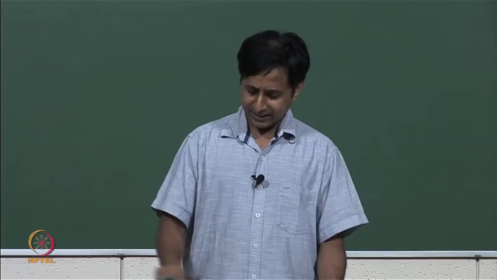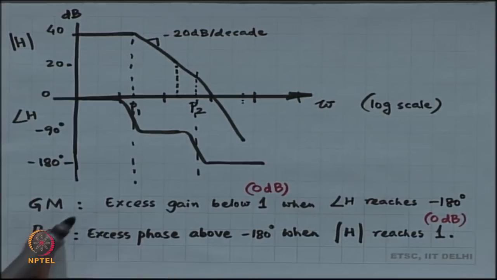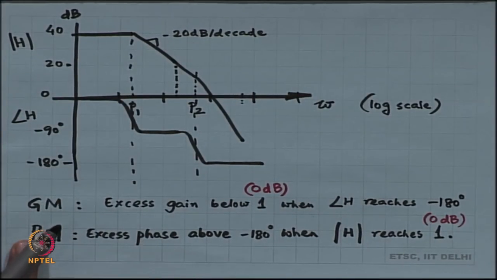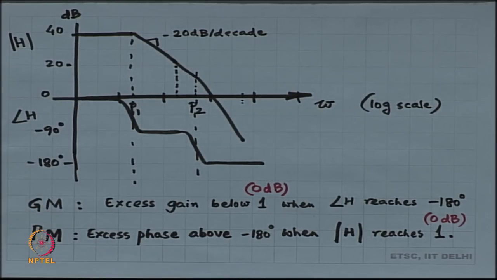Okay. So, in either case, when the gain margin is negative in dB or when phase margin is negative in degrees, then the system is going to be unstable when placed in unity gain negative feedback. However, if one is positive, the other will also be positive.